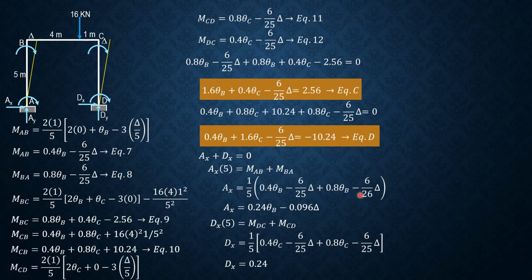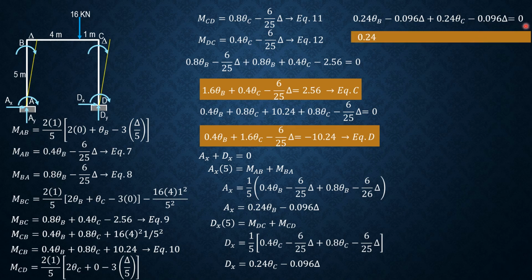Simplifying, DX is equal to 0.24 of theta C minus 0.096 of delta. Substitute into this equation: AX, 0.24 theta B minus 0.096 delta, plus DX, 0.24 theta C minus 0.096 delta, equals 0. Simplifying, we have 0.24 theta B plus 0.24 theta C minus 0.192 delta equals 0.